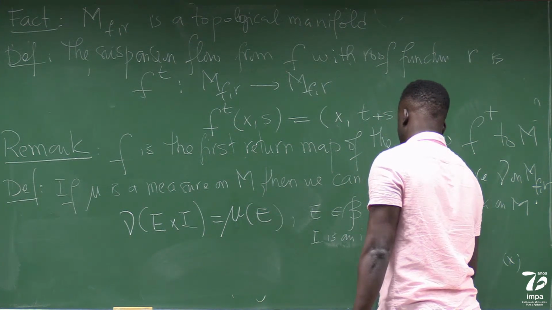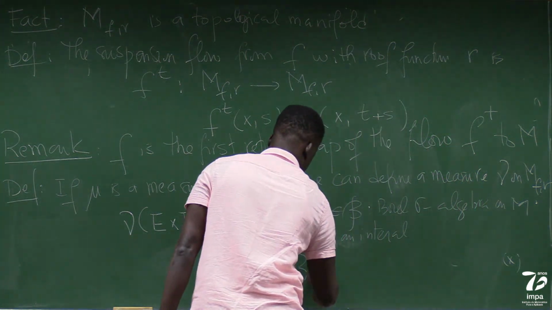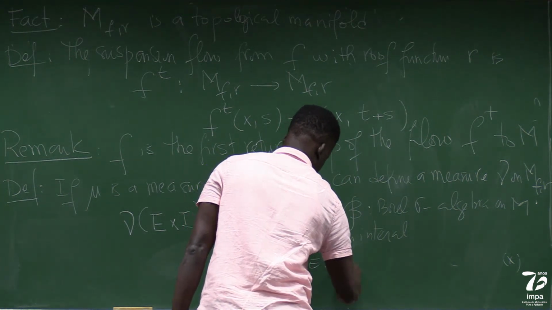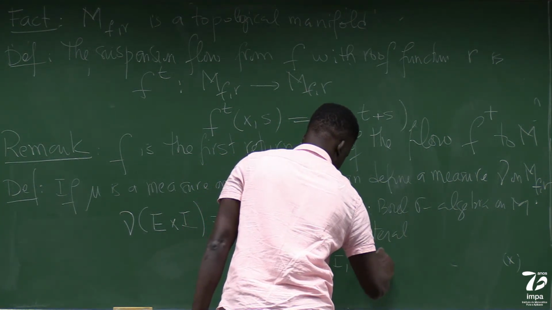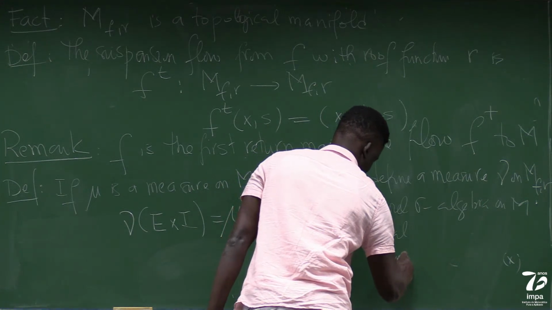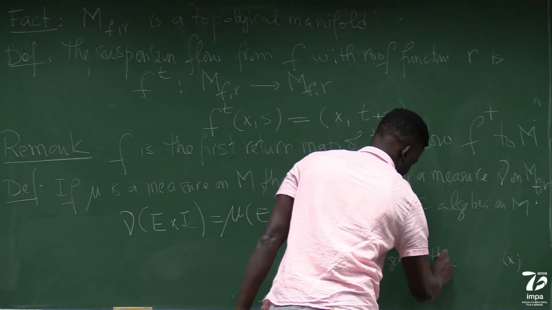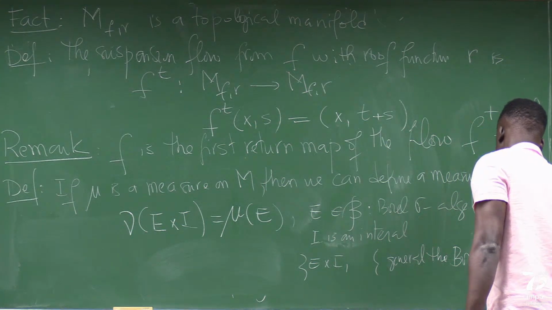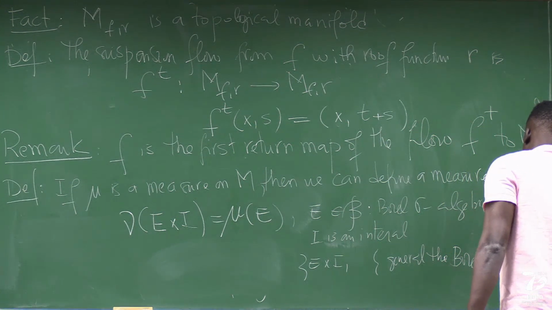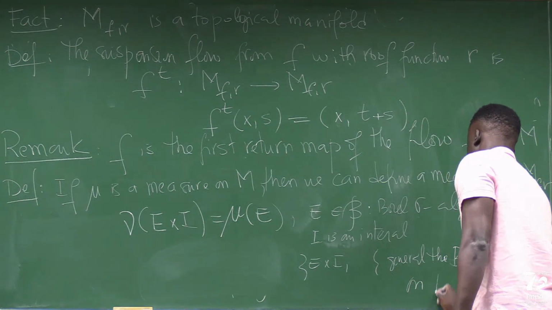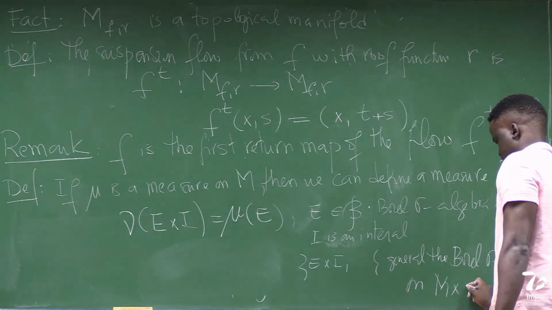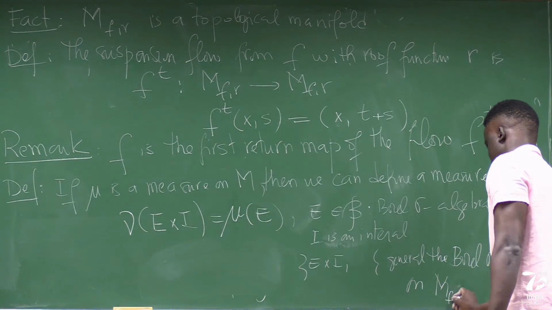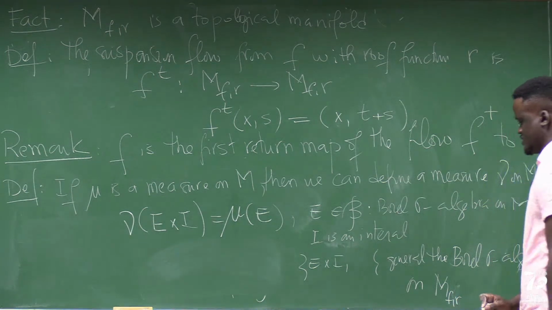Because this set, E times I, generates the Borel sigma algebra on M times R, on this space.